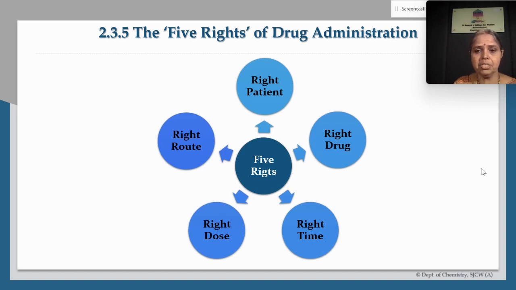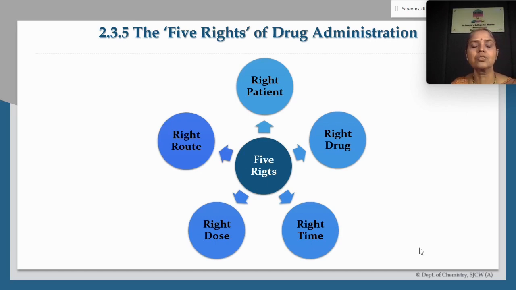So the right patient, right drug, right time: you are asked to take the drug after every 8 hours, after every 6 hours, or in times of pain. Only at the right time it has to be taken, in the right dose. How much the doctor prescribes, only that dosage needs to be taken. And finally, the drug effectiveness depends on the right route.